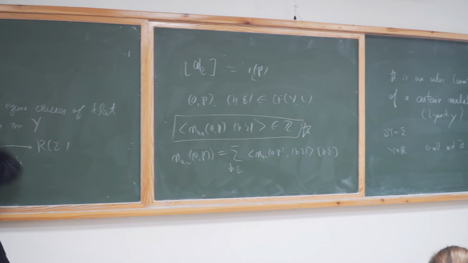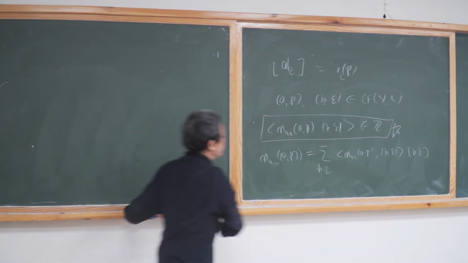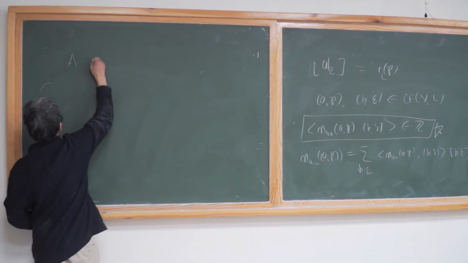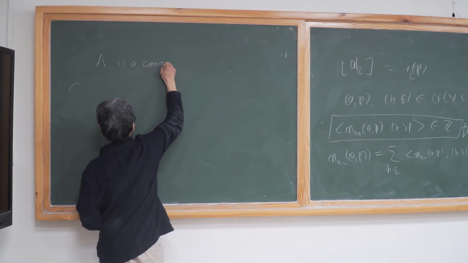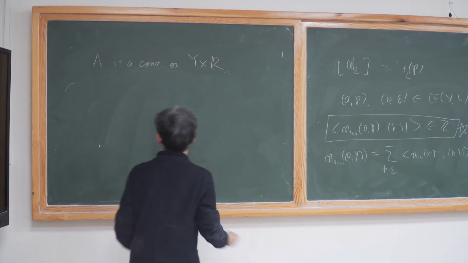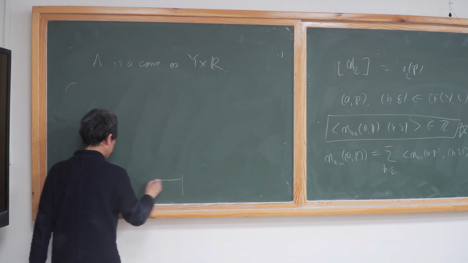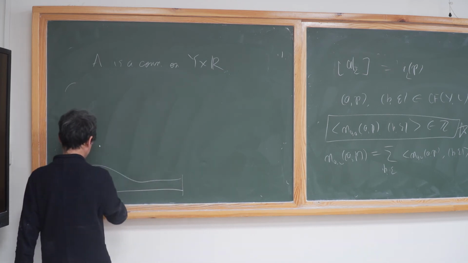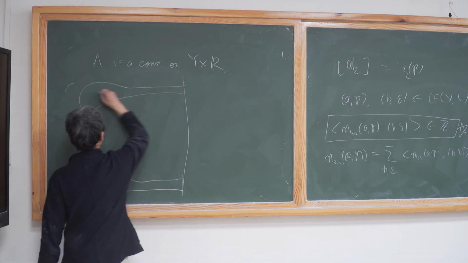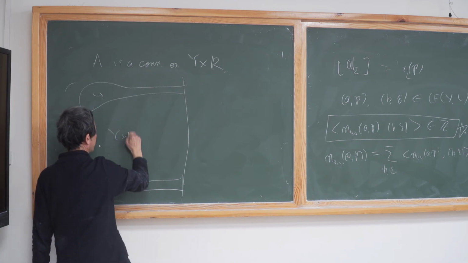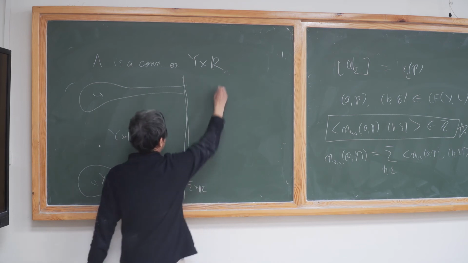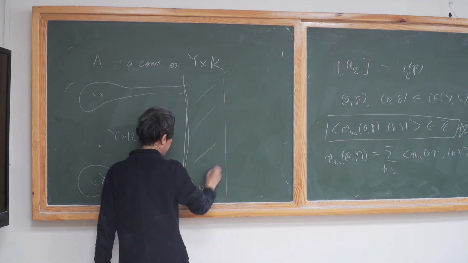And we consider A, a connection on this Y cross R. I draw a picture here: you have this Y here, this is Y cross R, and this line is sigma cross R.